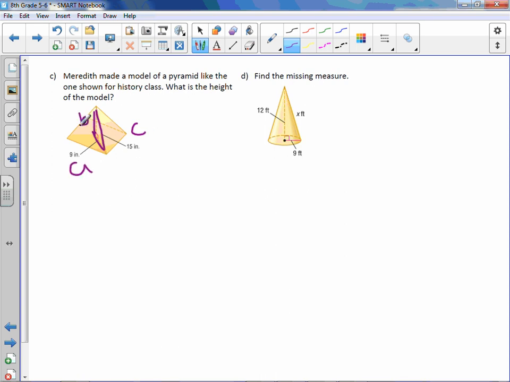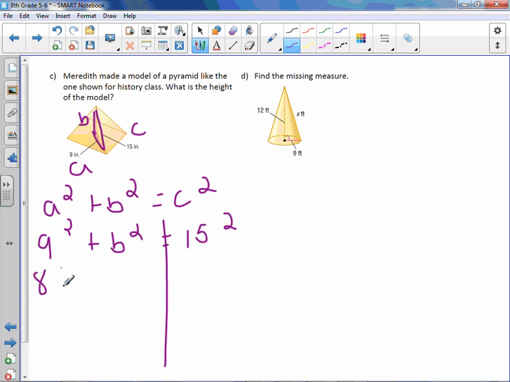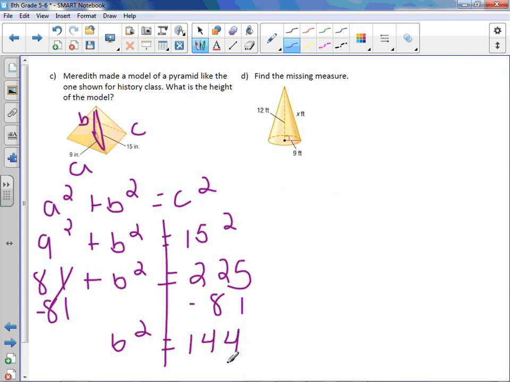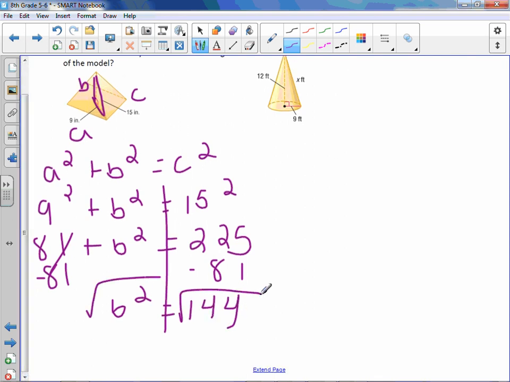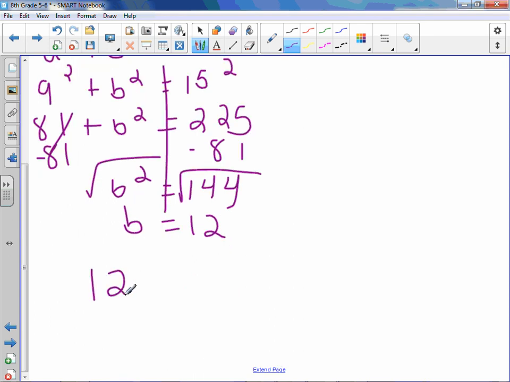And then A, B. A squared plus B squared equals C squared. 9 squared plus B squared equals 15 squared. 81 plus B squared equals 225, minus 81. B squared equals 144. Square root, B equals 12. So 12 inches.